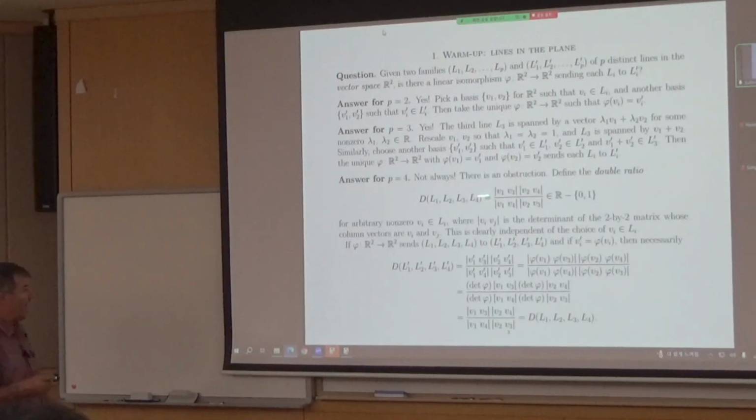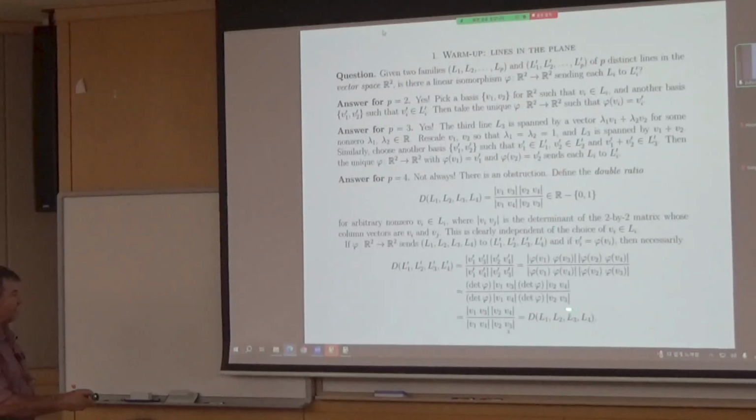Right? Okay, and then if I have a linear map sending the first family of 4 lines to the second family of 4 lines, I claim that the double ratio associated to the prime family is the same as the double ratio associated to the original family. And it's something to do with the determinant.